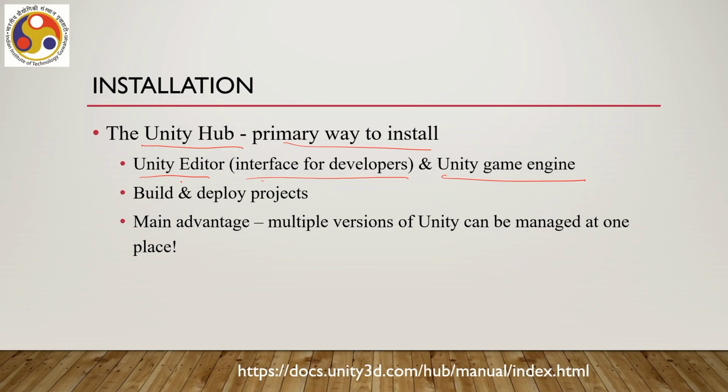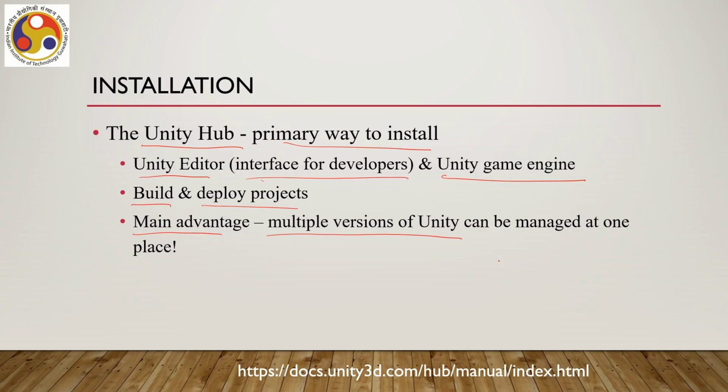And this is also a way to allow the developer to build and deploy projects. So, through the menu options on the Unity editor interface, the developers can build and deploy their system. The main advantage of installing Unity Hub is that it supports multiple versions of Unity.